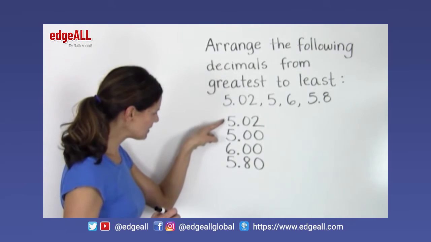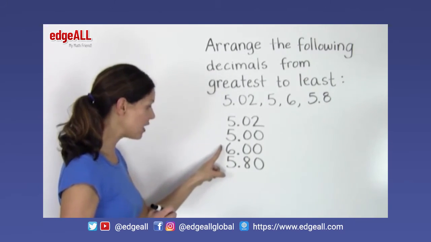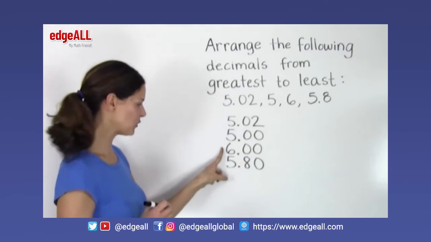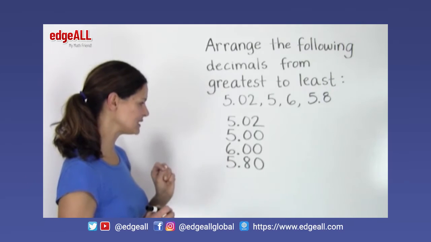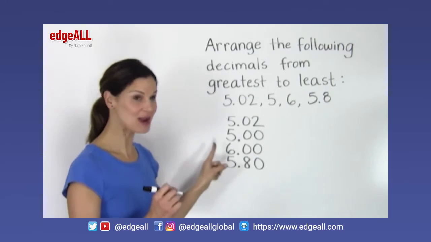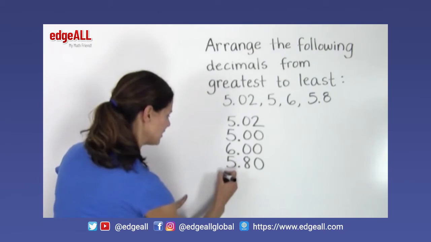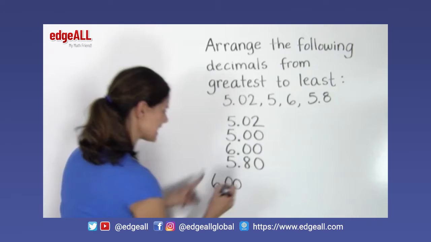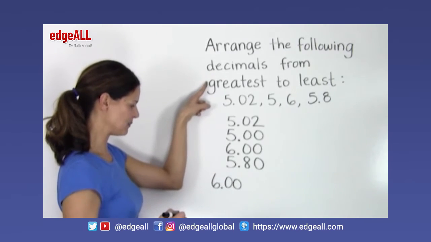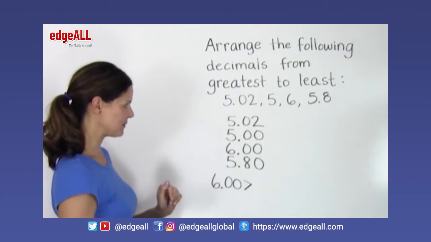When I look down this list of numbers in the ones place, I can see I have a 6 as my greatest number. This makes it automatically my greatest number, so it's going to be greater than all the rest of them.